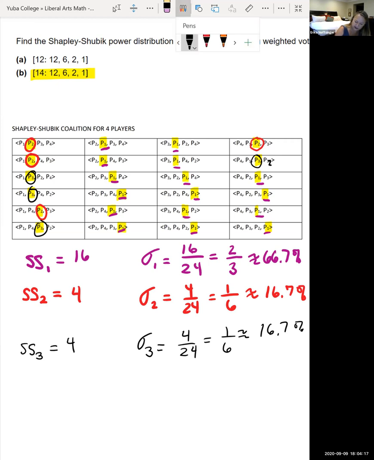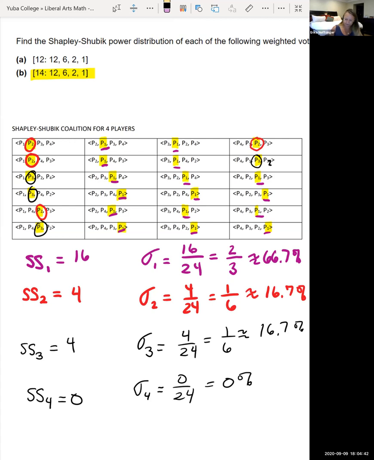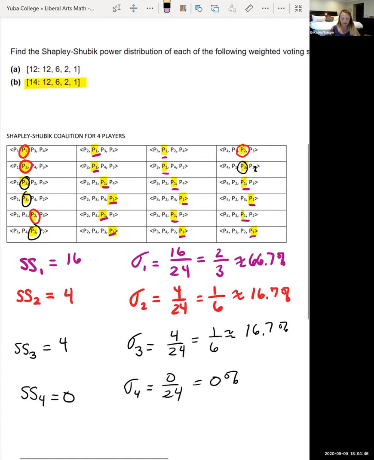And the last player, if you notice, they never put it over. So 0 times were they a pivotal player. So their Shapley Shubik index is 0 over 24, which is 0%. And so in that case, that fourth player would be considered a dummy player.